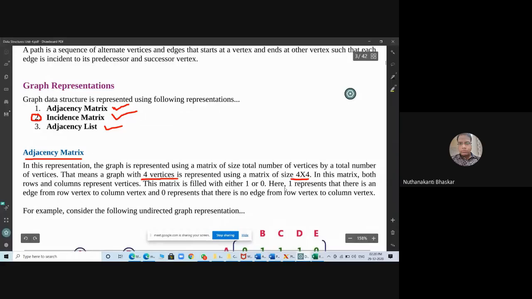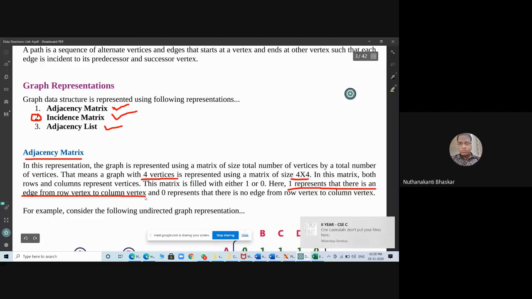Here, 1 represents there is an edge from the row vertex to the column vertex, that is, there is adjacency from row to column. If there is no adjacency, then we represent it with 0. Clear?